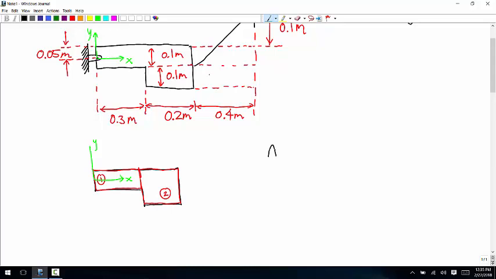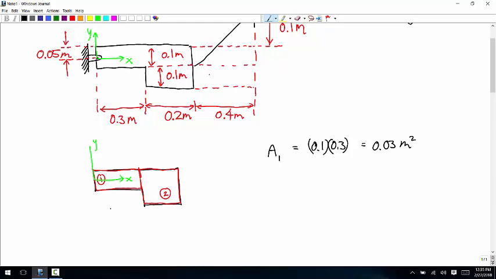And so for rectangle 1, the area is 0.1 times 0.3, so 0.03 meters squared.